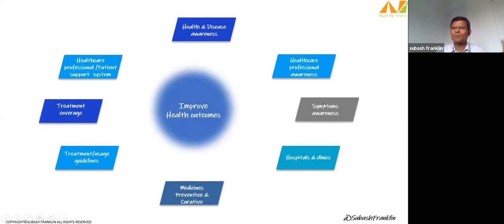You need to create symptom awareness. Then you have a whole ecosystem of hospitals and clinics. Then you need to have medicines which can be preventive or curative. You need to understand the treatment and the usage guidelines. Treatment coverage, insurance parties, healthcare professional and patient support systems. So there's a whole lot of activities.